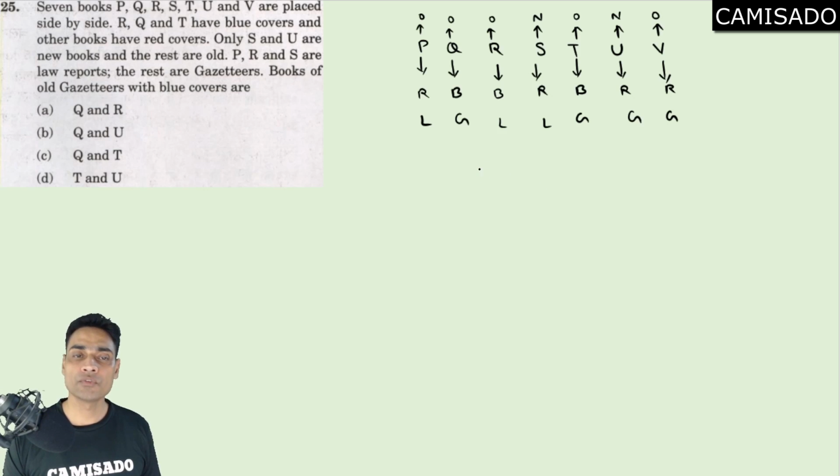So what we require is they should be gadgets, they should be old, and they should have blue color also. So which books follow all these things? One is Q: B, G, O, all are there. Another book is T: O, B, G.